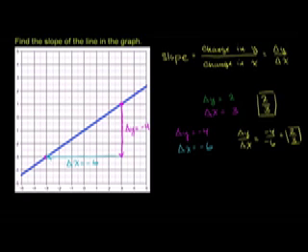If I viewed this as my starting point, I could say that I went up 4. So the change in y would be 4. And then my change in x would be 6. And either way, once again, change in y over change in x is going to be 4 over 6, 2/3. So no matter which point you choose, as long as you think about it in a consistent way, you're going to get the same value for slope.